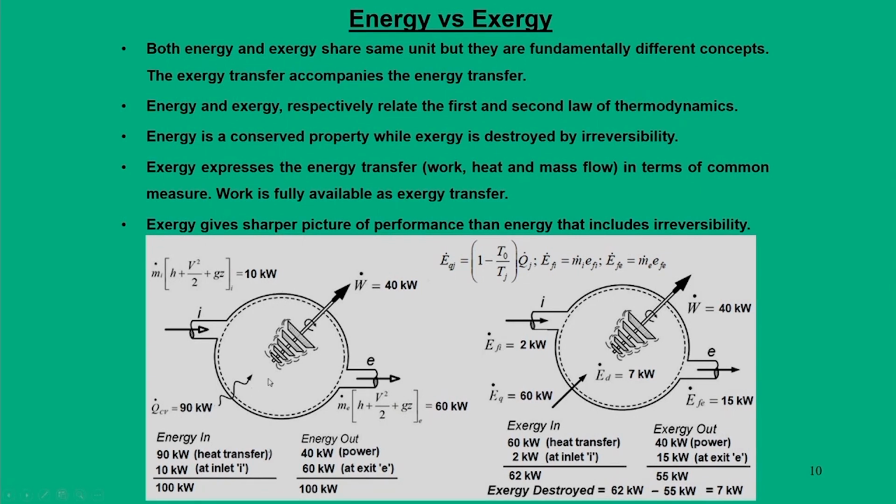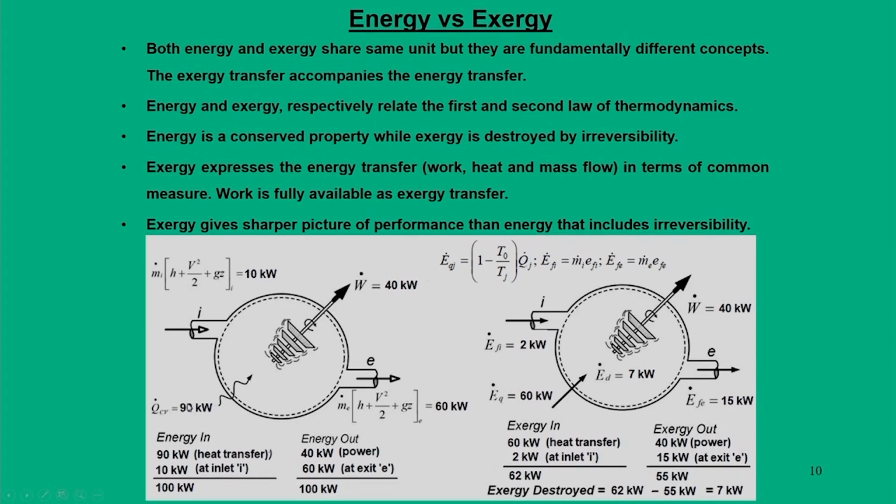It is a work producing device, or we can say a thermal power system which is producing work or shaft work, in which we supply some flow that enters the system and some flow that goes out of the system.